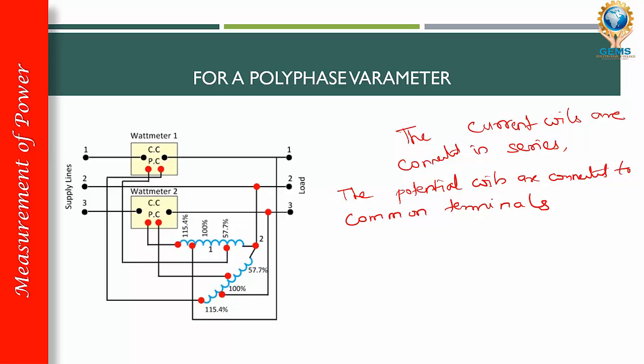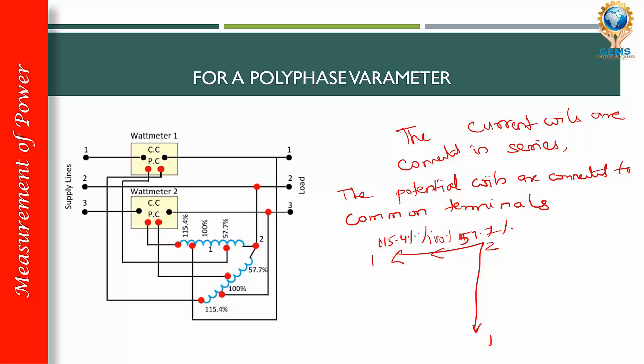When we put that in the phasor diagram, this is with two wattmeters. 100% is what we expect. When we use two wattmeters, I get 115.4%, and for one wattmeter alone I get 57.7%.